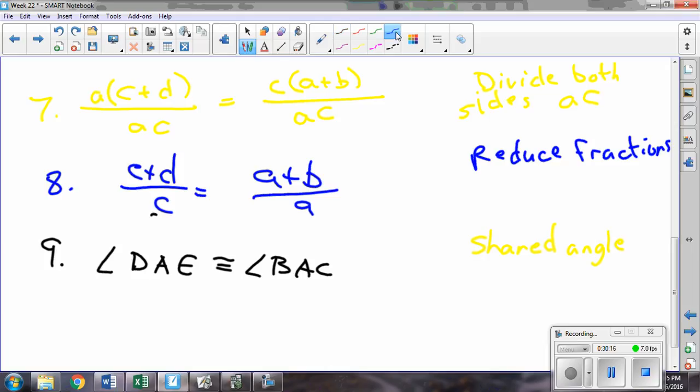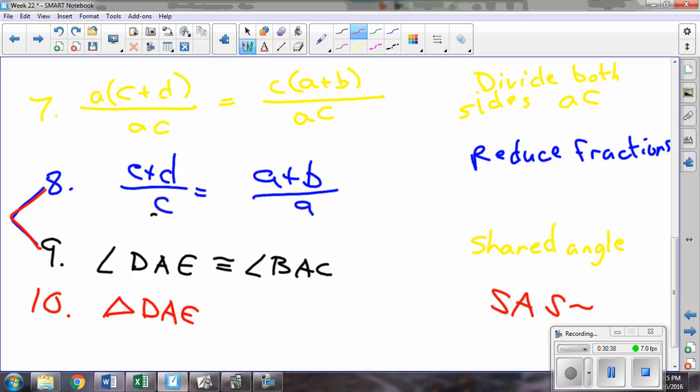So together, these two lines, 8 and 9, come together, and those are the things that are setting up side-angle-side similarity. Because of side-angle-side similarity, we know that triangle DAE is similar to triangle BAC.